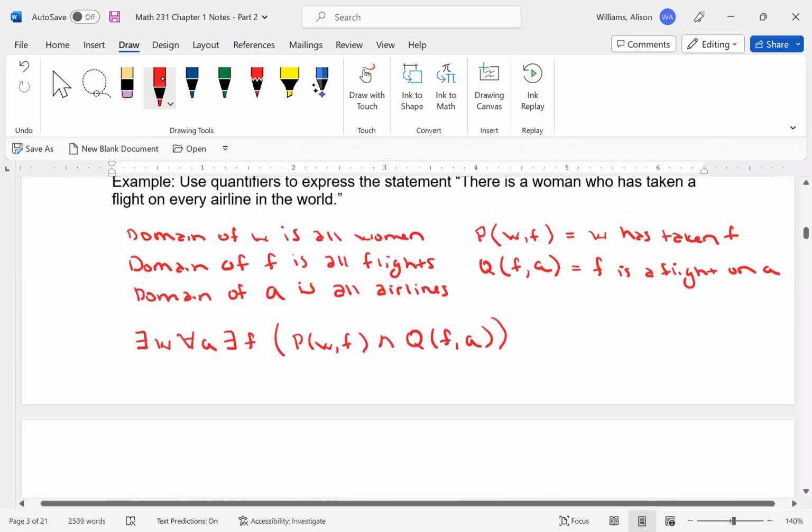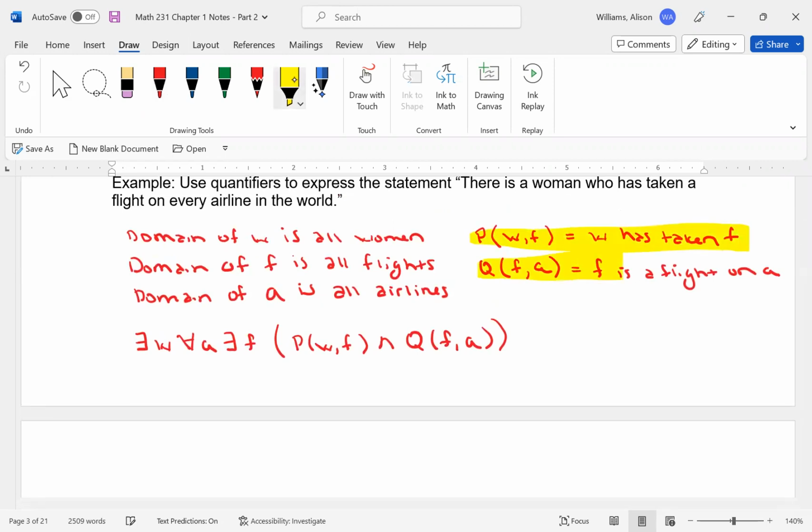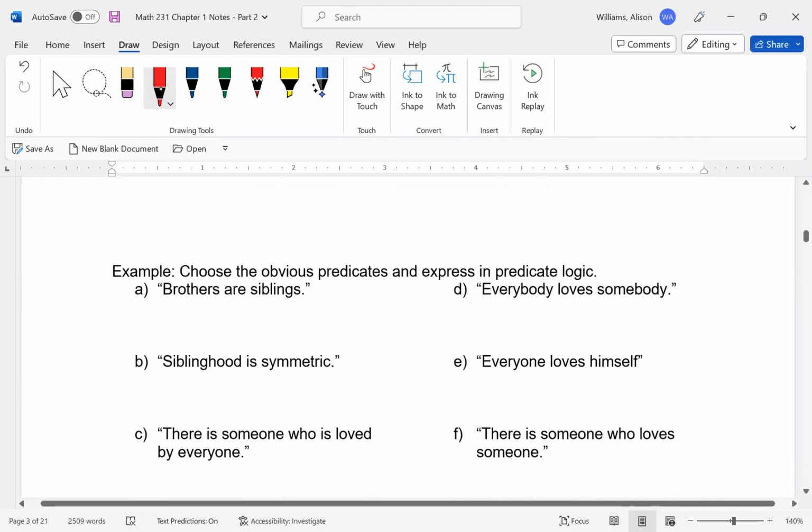In other words, if I hadn't given you all of this, you might have been able to figure out what those represent based on this statement. You probably could have figured it out. So we're going to assume the propositional language without writing it out, but we could if we need to.